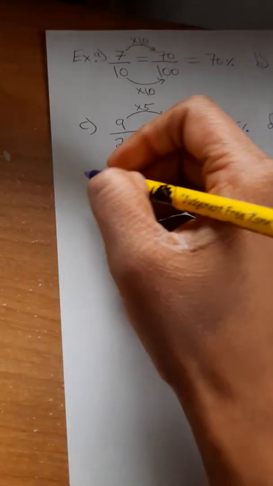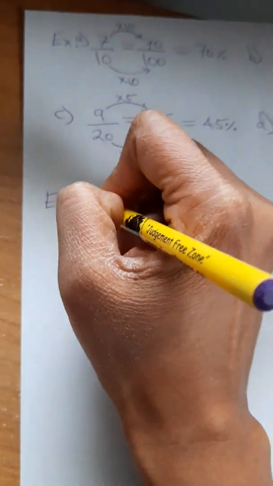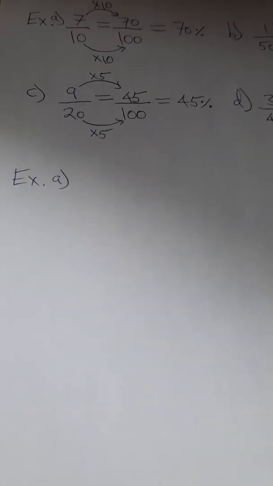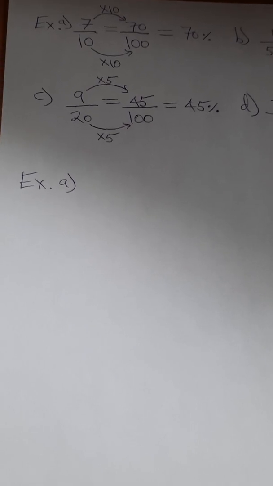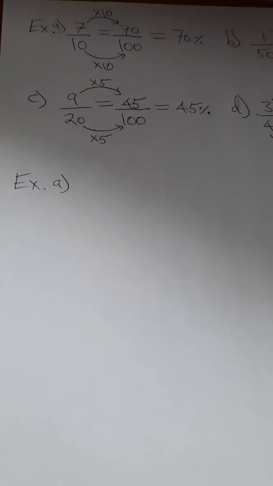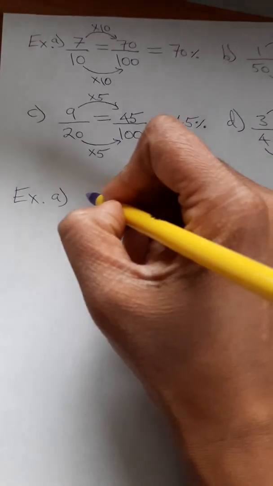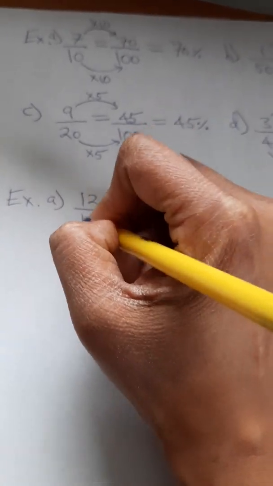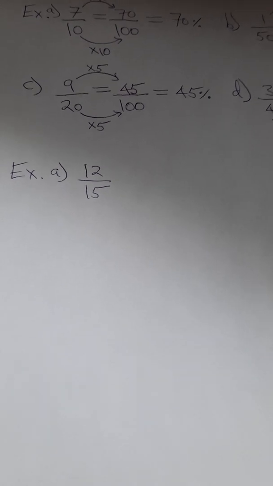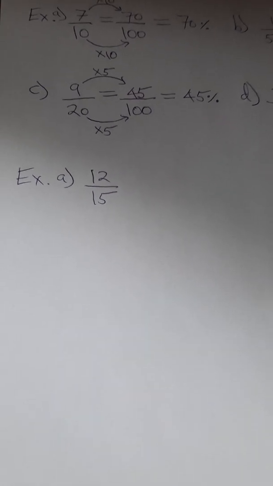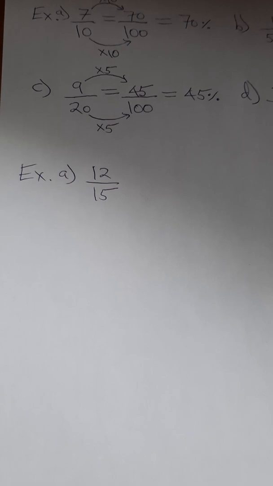So we're going to go through this last set of questions. Let me put an example here. Now just put A so we can try different types of questions. It says write each fraction in lowest terms and then write it as a percent. So let's try this first one together. The fraction is 12 over 15. Basically, without using a calculator, I can't come up with my percent right away.